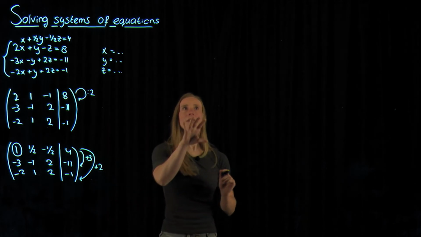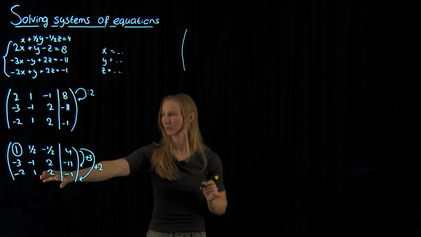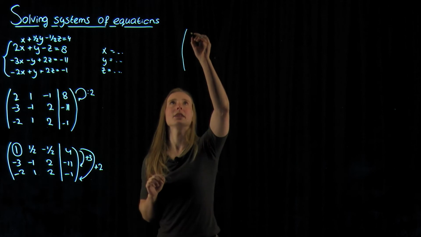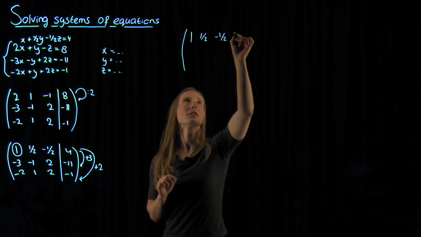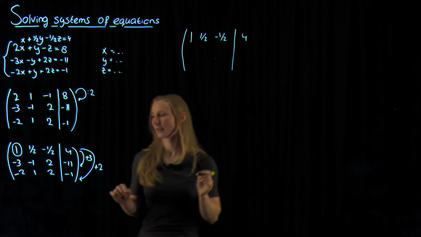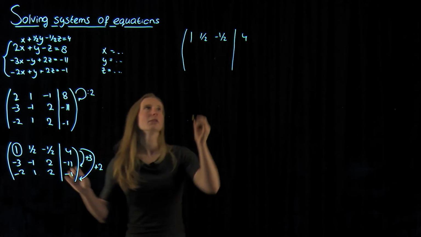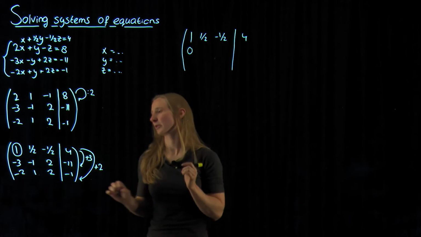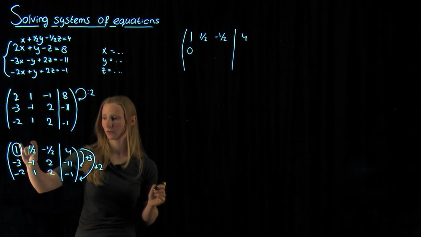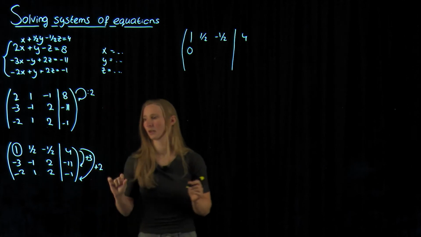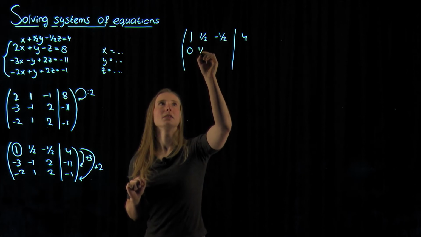Let's continue here with our result from this computation. The first row is unchanged, so 1, 1/2, minus 1/2, and here we had 4. Then we do 3 times this one, and add it to this one. So the first entry becomes a 0, which was exactly the goal. Then we get 3 times 1/2, so 3/2 minus this 1 here, so we get 1/2.